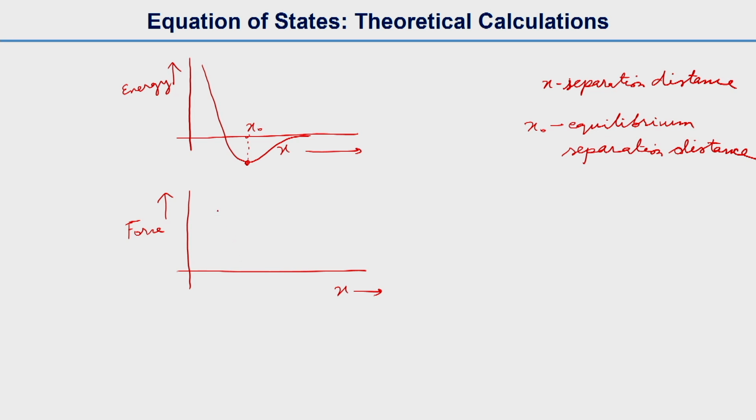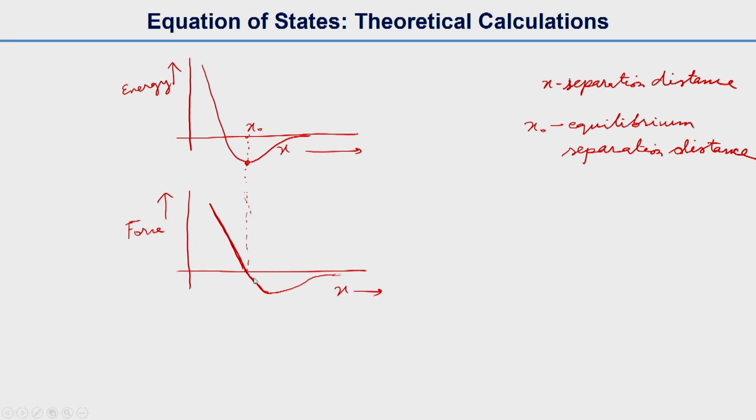And then for force, it will be 0 at that point and look something like this. If the interatomic distance is higher than the equilibrium separation distance, there will be attractive forces, and if you go below it, there will be repulsive forces.